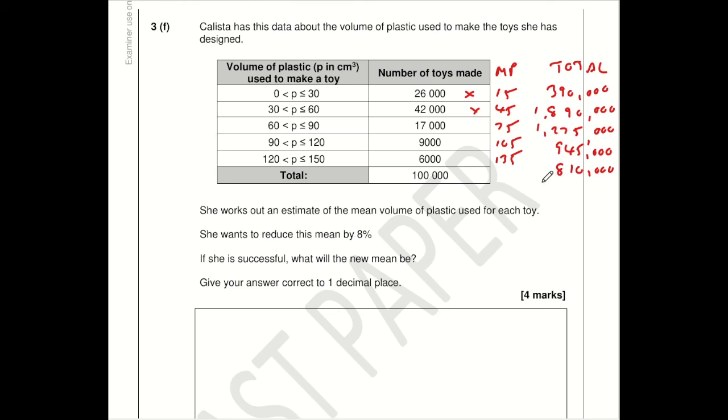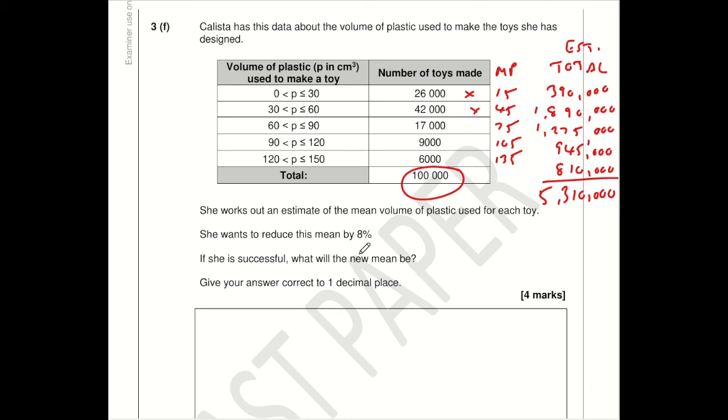So what I'm going to do is work out the estimated total of all of the toys combined. So it's these figures all added together, and that comes to 5,310,000. So this is the estimated total volume of plastic, and we know that there is 100,000 toys made.